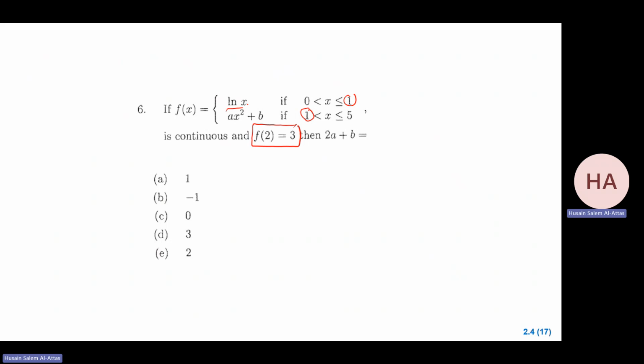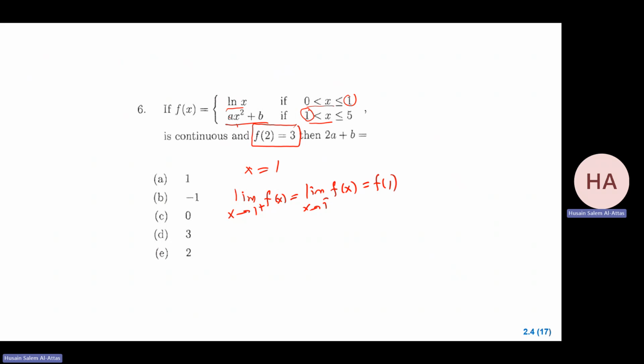This function is defined since x is positive, and this is just a smooth function. So this is continuous everywhere. So I need to check at x equal 1: the limit from right, and the limit from left, equal f at 1.